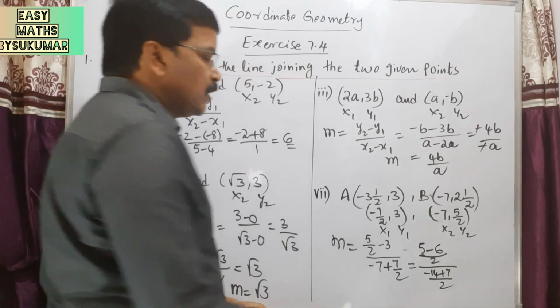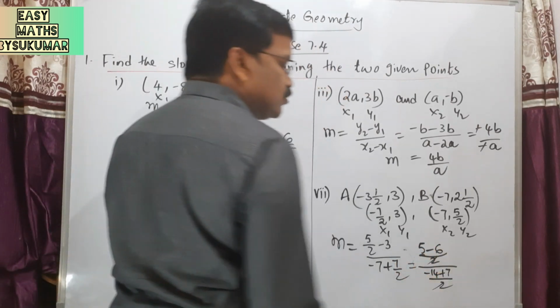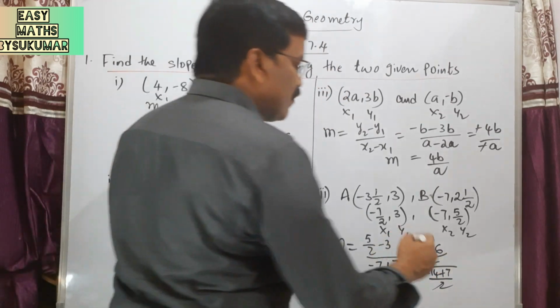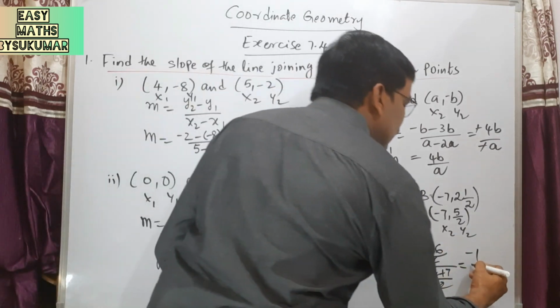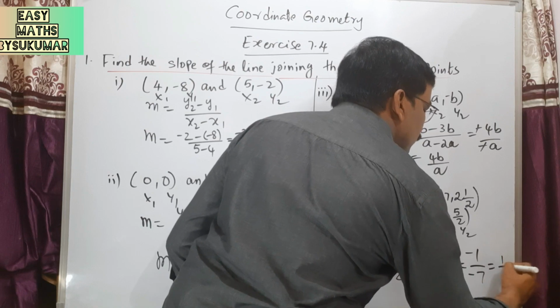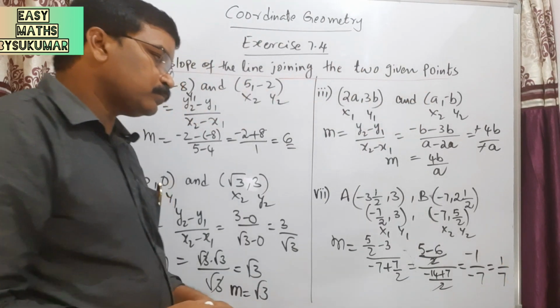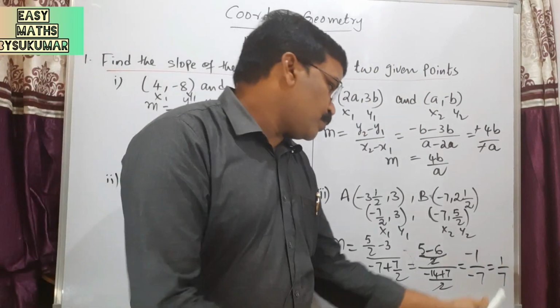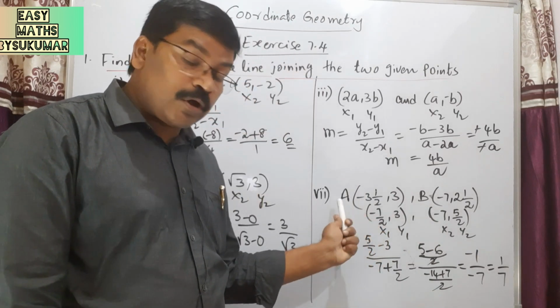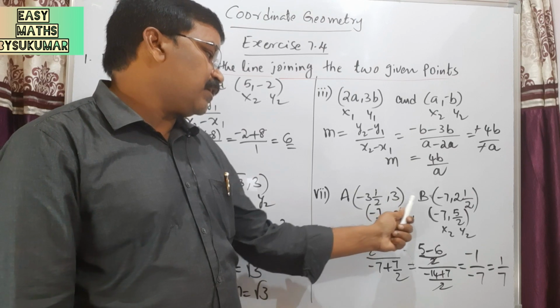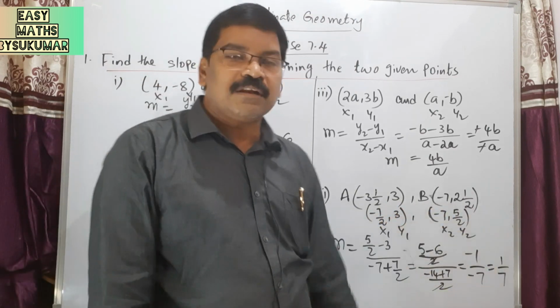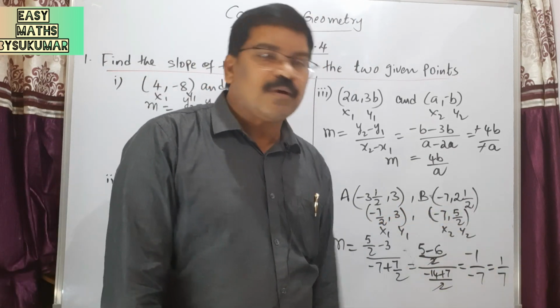Now just you can cancel the 2. 5 minus 6 is minus 1, minus 14 plus 7 is minus 7, so this is equal to 1 by 7. Okay, so the slope of the line joining the points A (-3 1/2, 3) and B (-7, 2 1/2) is 1 by 7.